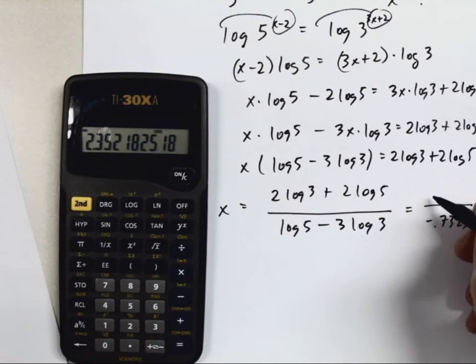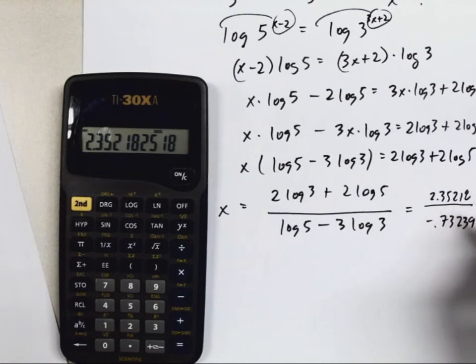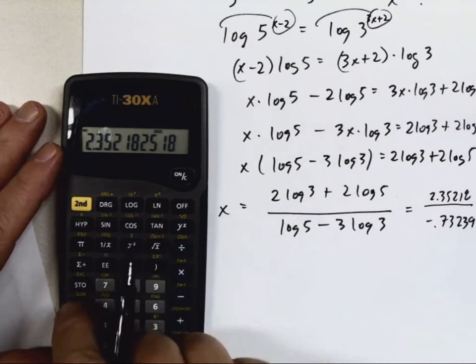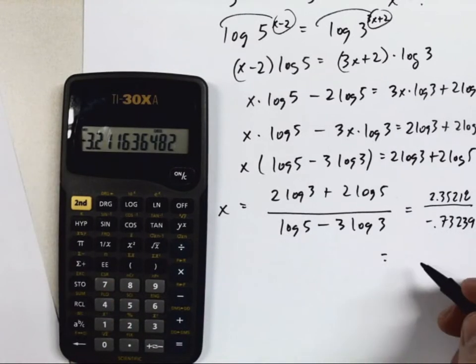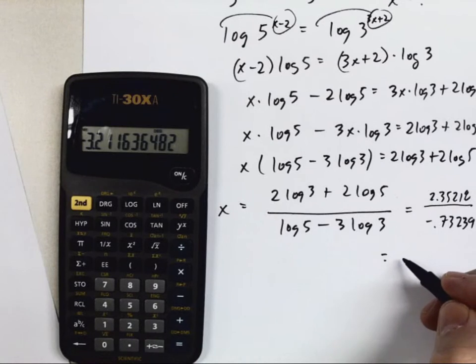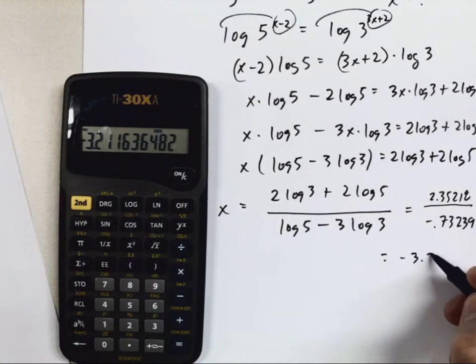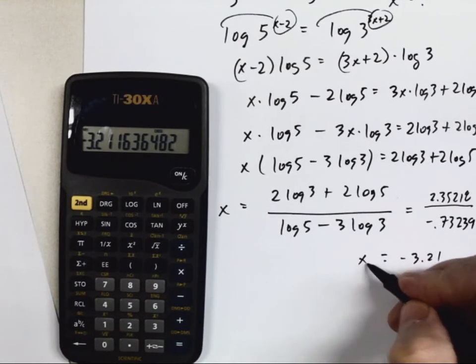So hopefully I've done this correctly. 2.35218. So that divided by this, negative 3.21 is x.